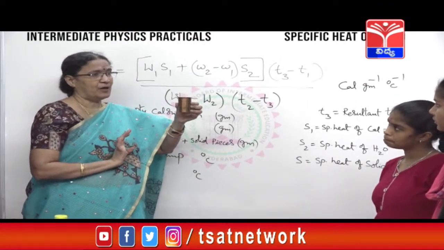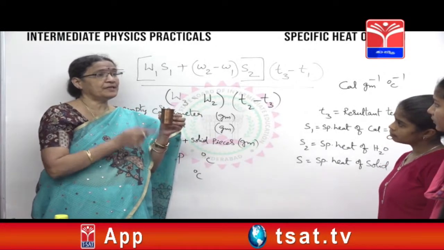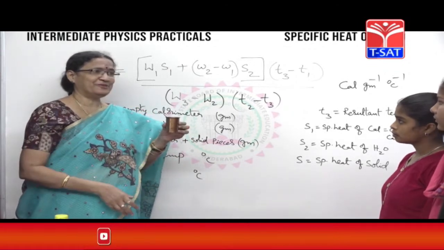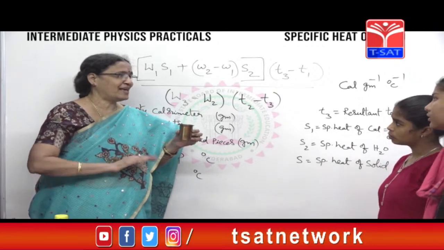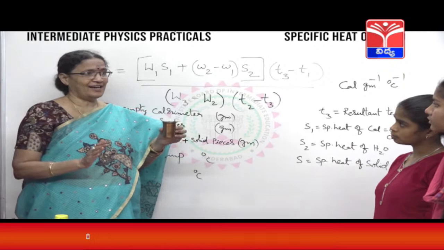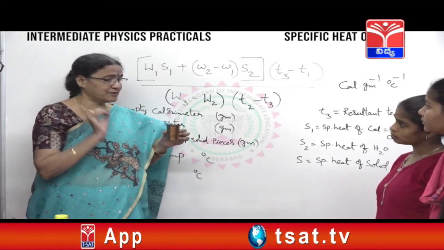You have to understand one point here. The specific heat is something to do with the material of it. If you take 100 lead shots, its value will not be more, and if you take 10 lead shots, its value will not be less. Whether you take 100 lead shots or 1000 lead shots, you are going to calculate specific heat.